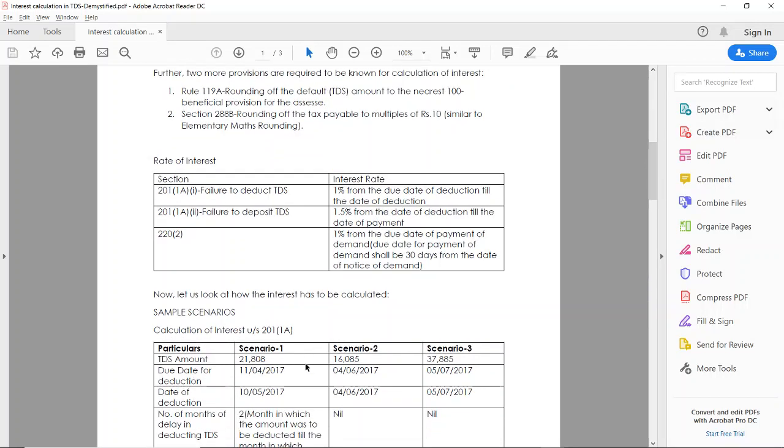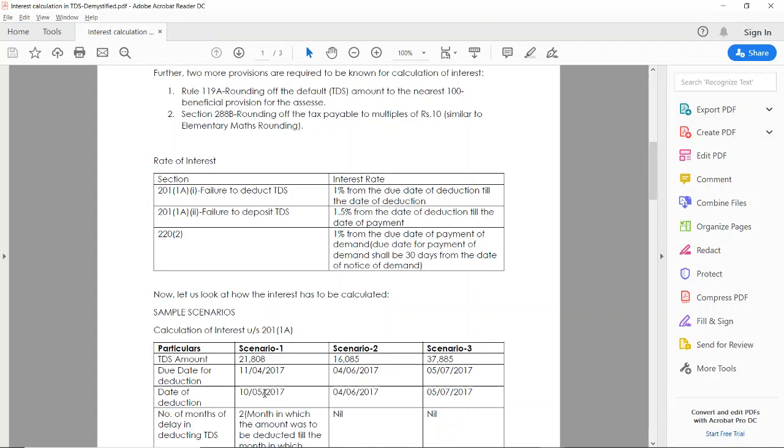Taking scenario 1, the due date of deduction is 11th April 17, however, the date of deduction is 10th May 17. So the deductor has defaulted in deducting TDS on 11th April 2017. Therefore, the provisions of 201(1A)(i), failure to deduct TDS, will be applicable. The number of months for which it would be applicable is 2, which is April as well as May.